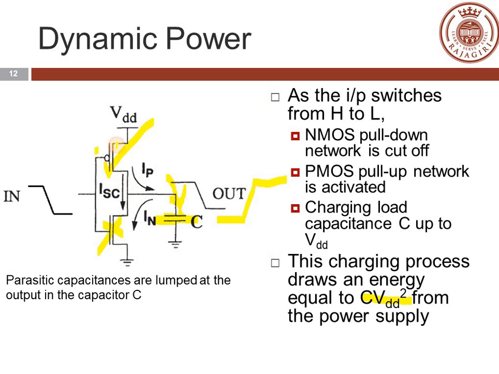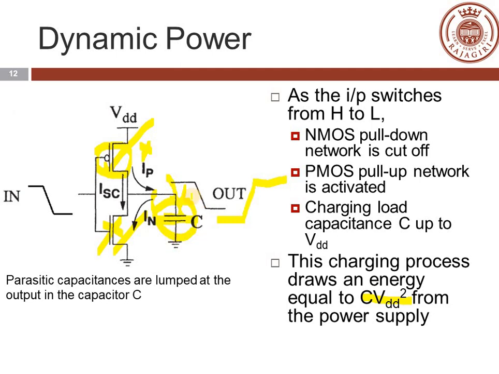Half will be dissipated in the PMOS and half will be stored in the capacitor. Now, when the switching is just the opposite, our NMOS will be turned on and PMOS will be turned off.